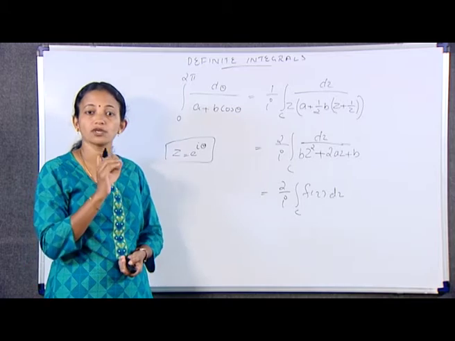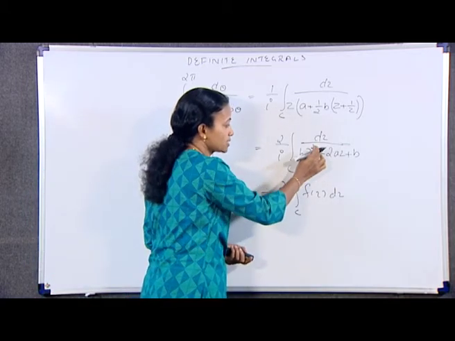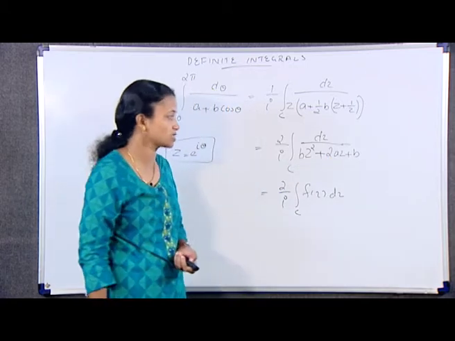Now, the poles of this f(z), that is f(z) is 1 by (bz² + 2az + b).